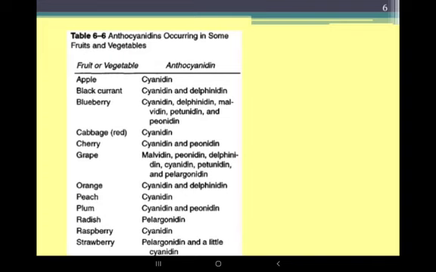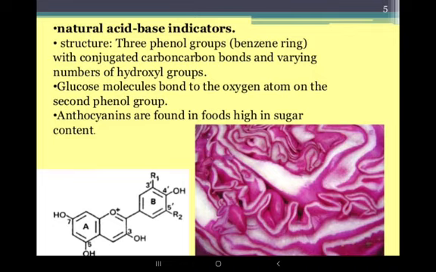This is the last slide of this session: natural acid-base indicators. Anthocyanin belongs to the category of acid-base indicators because the structure differs in the various compounds, like cyanidin and malvidin, by the groups at R1 and R2.